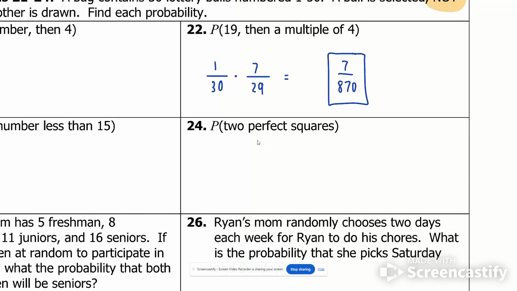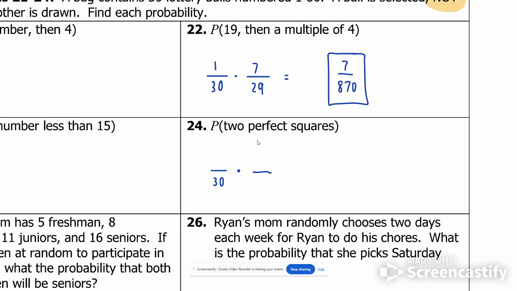And then finally, the probability of 2 perfect squares. Again, right off the bat, we got 2 events, multiple events, multiply events. Let's start with 1 perfect square. Well, again, same bottom number, right? 30. But how many of those are perfect squares? Remember, perfect squares are when you multiply something by itself, you get that value.